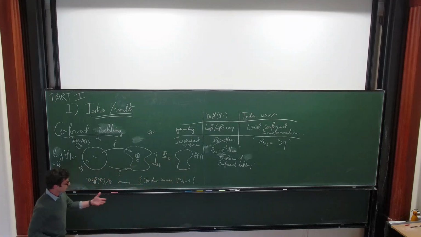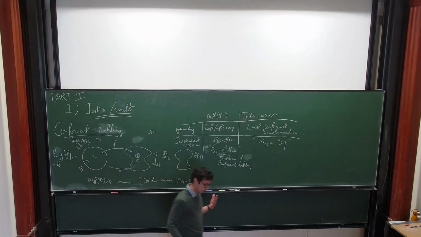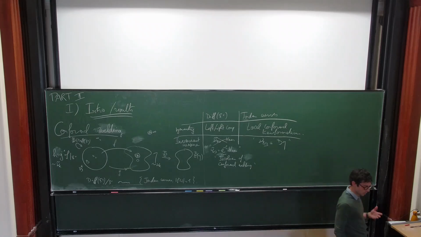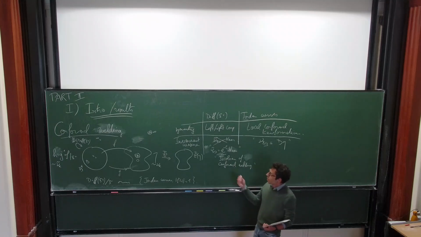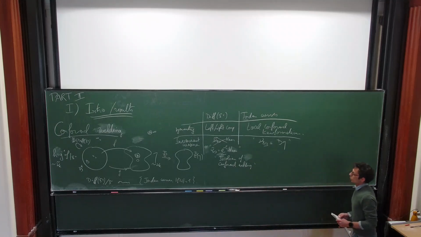That is telling me it will be a determinant of the diffeomorphisms that sends Diff(S1) to Jordan curves.